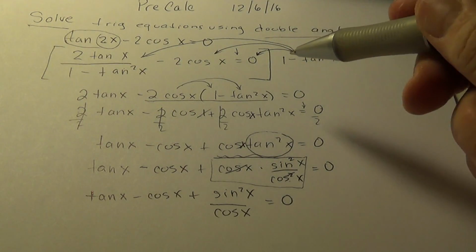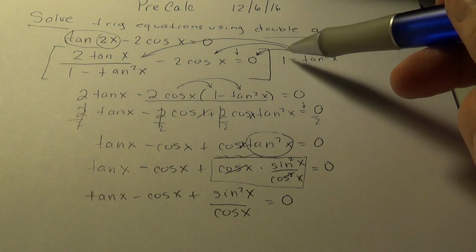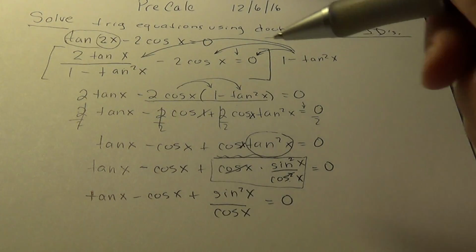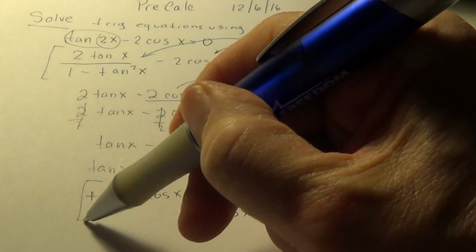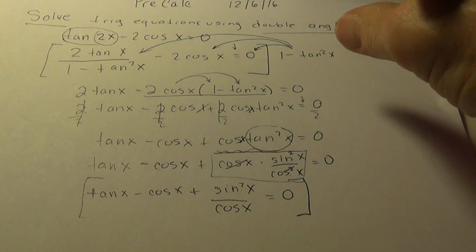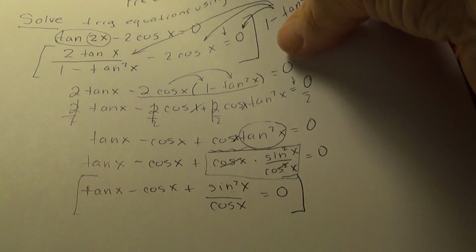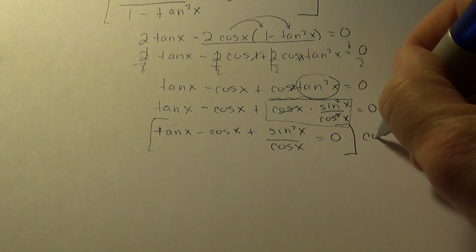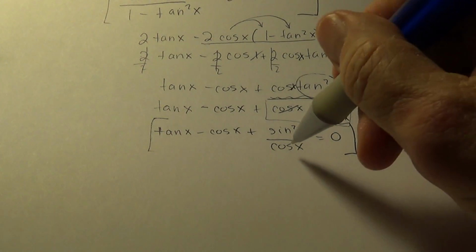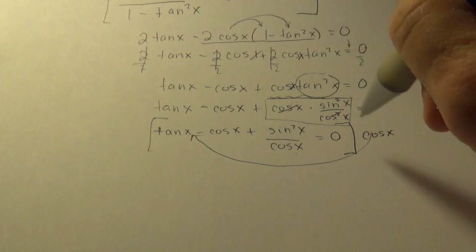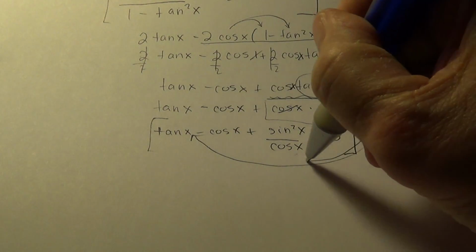So looking at that step where I did that in the very first one, do you see what I'm going to do when I say clear fractions? What am I going to multiply everything by? All right, my magic ear hears you say multiply everything by cosine x. All right, so that will get rid of this denominator. So everything gets multiplied by cosine x.